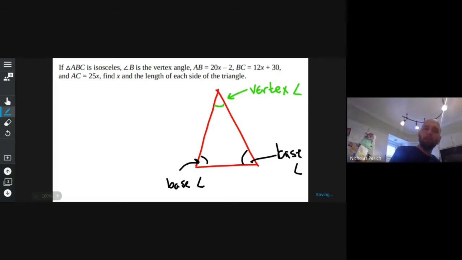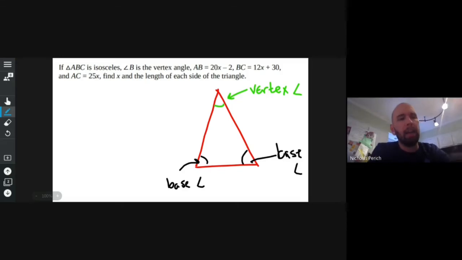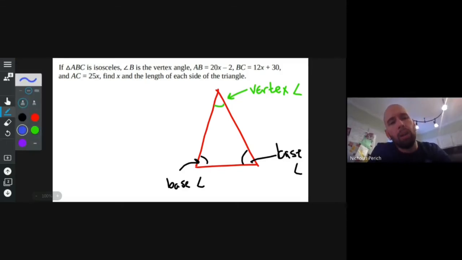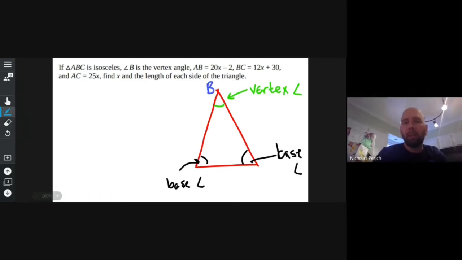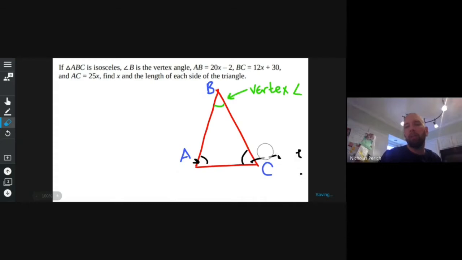So when it tells me that B is the vertex angle, B would be right there. It doesn't matter which one's A and C because they're the same anyway. So A and C are exactly the same, and I can get rid of this information.